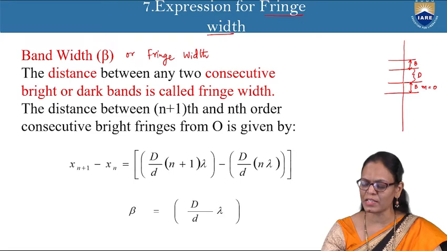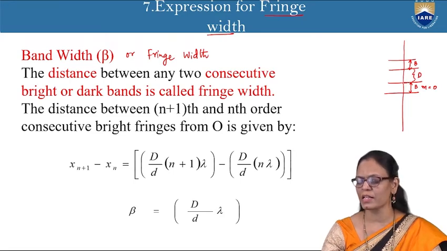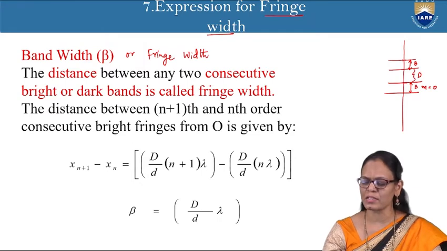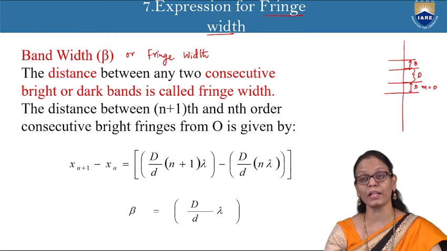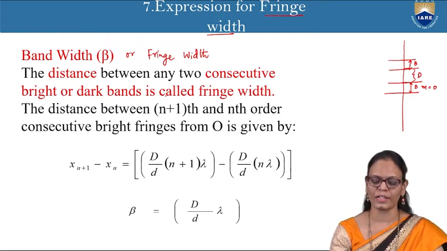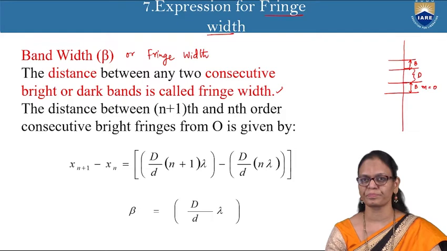If I consider this point, this is the starting of the dark fringe between two dark or two bright. If I take this as the bright one and this as the bright fringe, the distance between any two bright or any two dark fringes, we call it the fringe width.